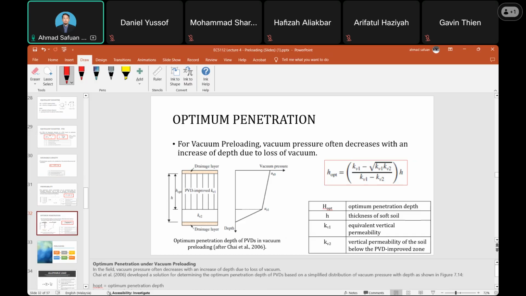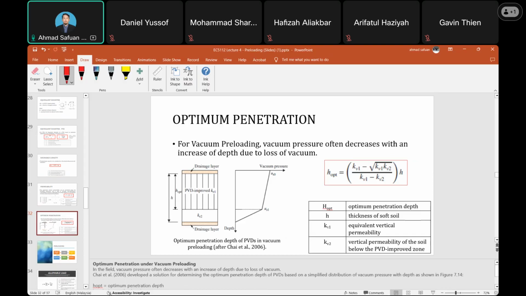This is for the vacuum preloading to determine the optimum penetrations. For vacuum preloading, vacuum pressure often decreases with an increase of depth due to loss of vacuum.